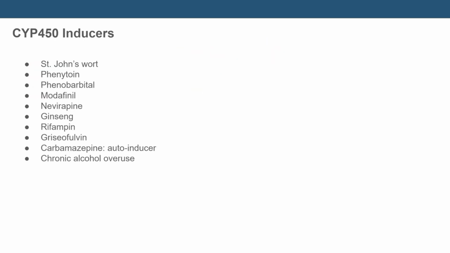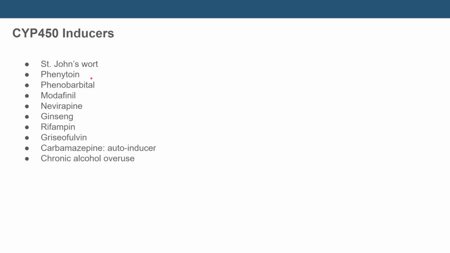And we need to know the cytochrome P450 inducers and inhibitors. There are a lot of ways to remember this, but my way is to associate each word with the inducer or the inhibitor mechanism. So for example, St. John's wort, just imagine St. John as somebody who is muscular and works out. So they make the liver strong and hyperactive.